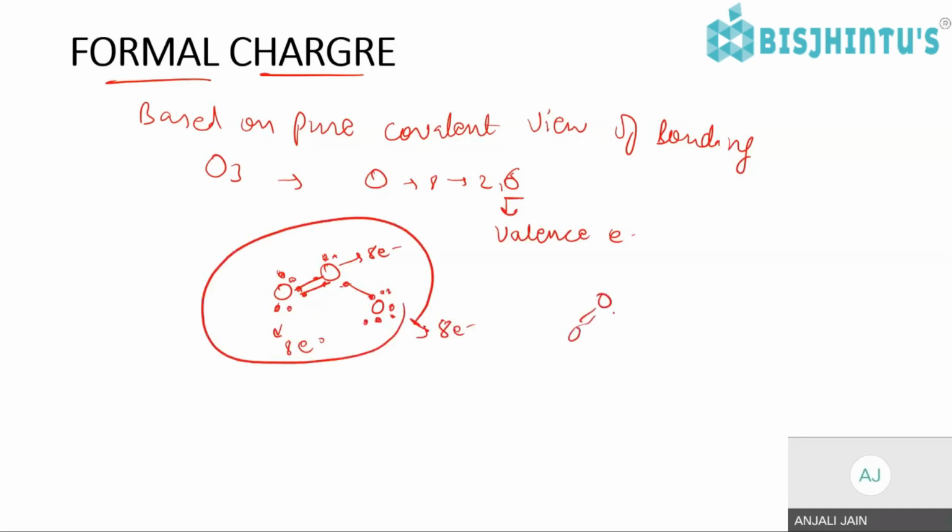O double bond O and single bond O, with 3 lone pairs on this oxygen, 2 lone pairs on this oxygen, and 1 lone pair on this oxygen. This is what the structure of ozone looks like.